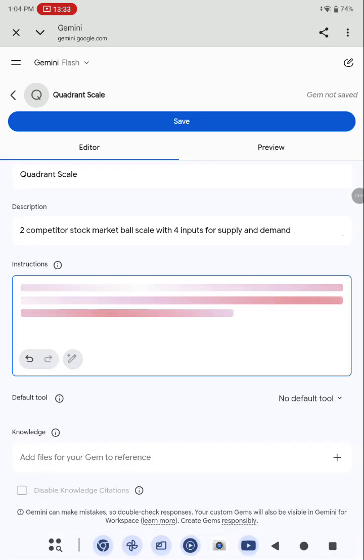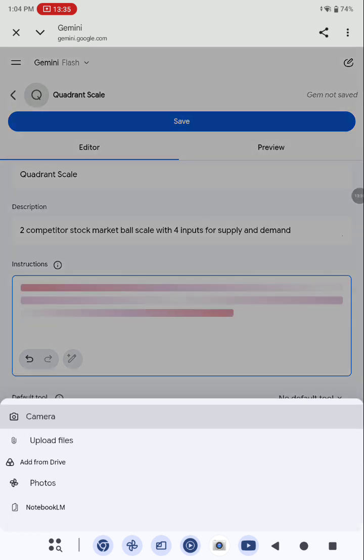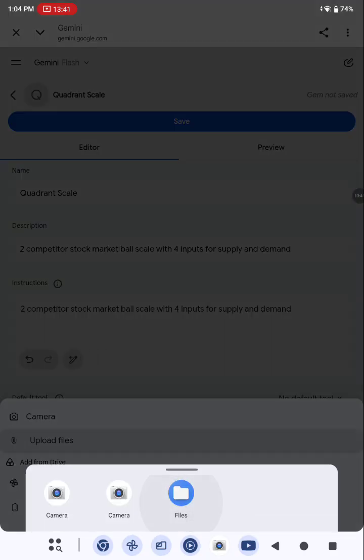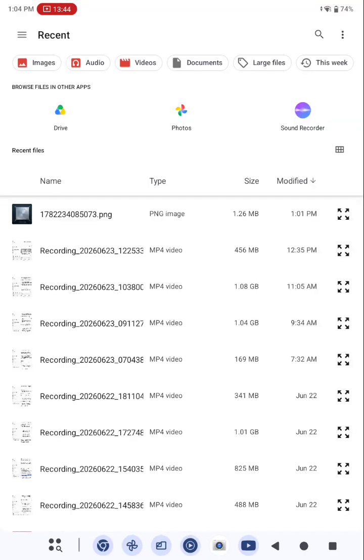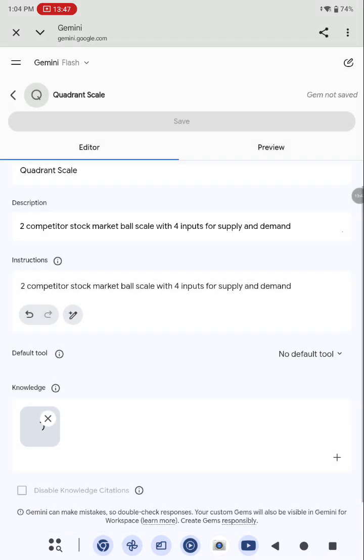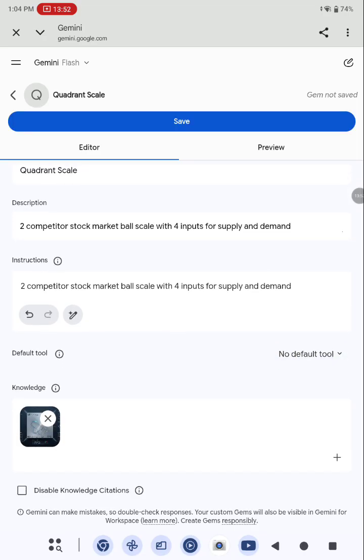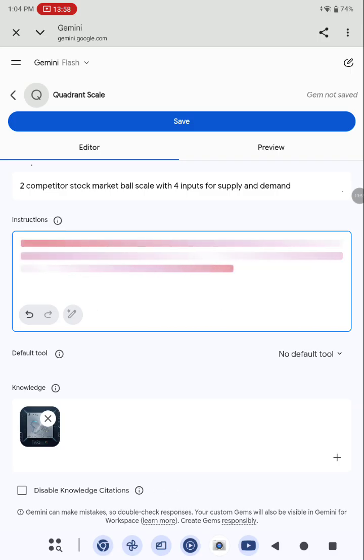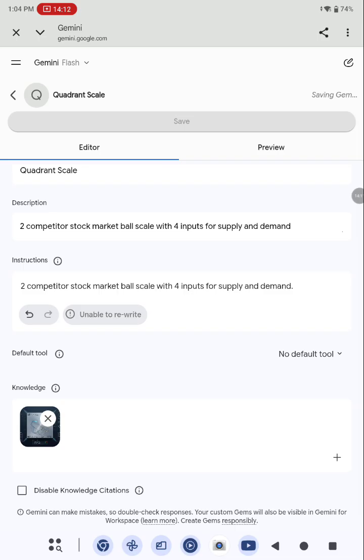Let's see what else it says. Add that little upload file here. Files. Save that gem.